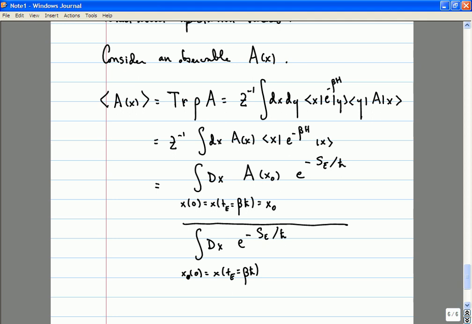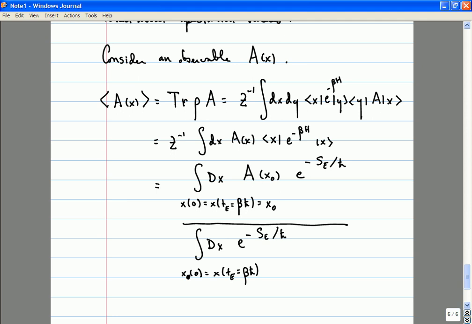So we learned earlier in this course that the way that you calculate Euclidean unitary time evolution operators is by doing a path integral. And we see now that it also can compute for you the expectation value of any operator you like. The rule is that instead of taking the integral of that phase, e to the iS over h bar, or in Euclidean signature, e to the minus S over h bar, you insert in the path integral the expression for the operator that you're trying to compute, regarded as a function of the configuration space variable x.